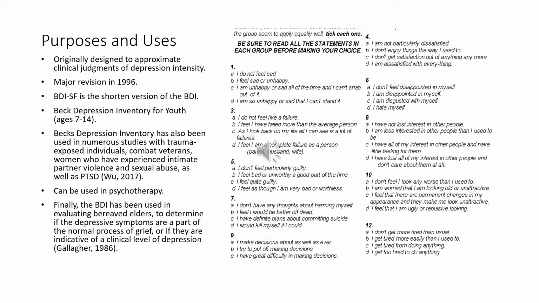There's also a short version of the BDI, called the BDI-SF, short form, which includes only the cognitive affective subscale and has been recommended to assess depression in medical populations. There's also the Beck Depression Inventory for Youth, ages 7 through 14, that has demonstrated good convergent validity with the Children's Depression Inventory.